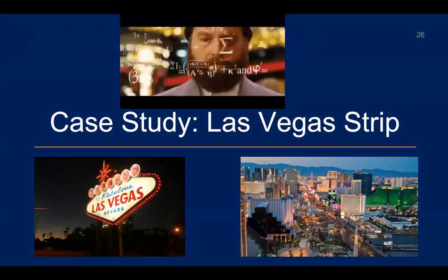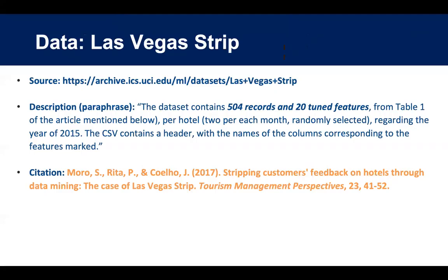Okay, so a quick case study here. This group of authors studied TripAdvisor data, which they scraped from the internet. And what they did is actually showed that you can build a predictive model to explain differences in user scores, or essentially their ratings on hotels in Las Vegas.